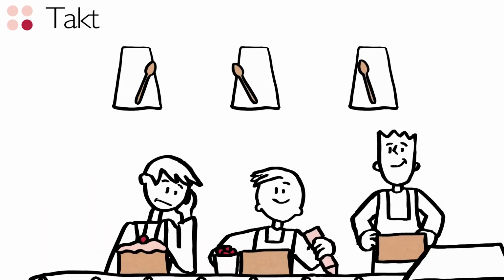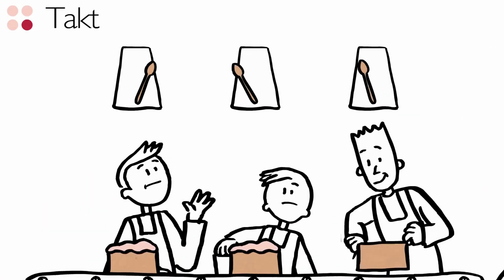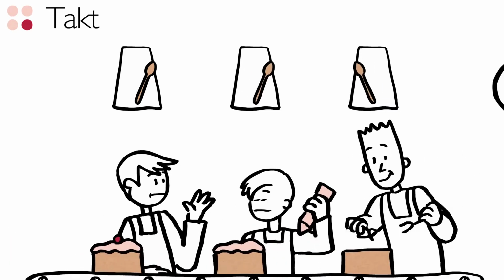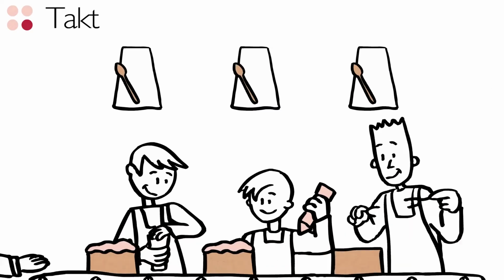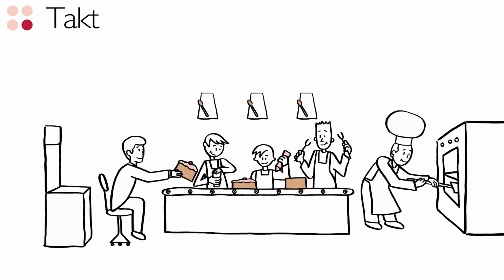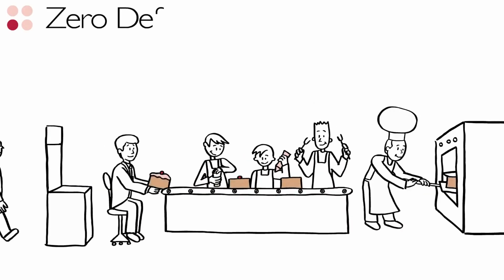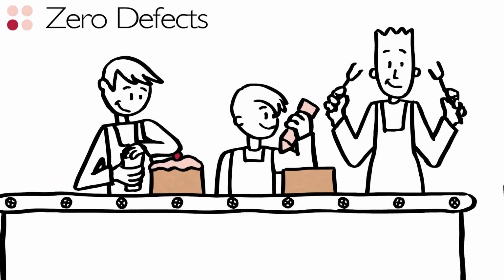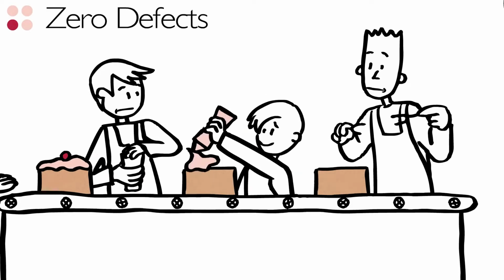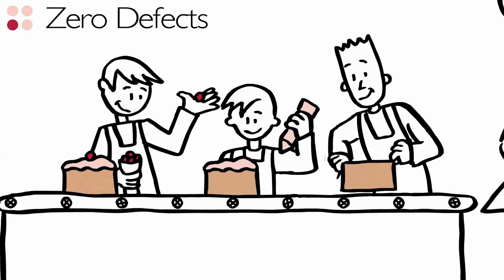The third is takt. It's the heartbeat of a lean system. It's how fast you need to manufacture a product to meet customer demand. Takt allows us to balance work content, achieve a continuous flow, and respond flexibly to changes in the marketplace. And the fourth is zero defects. Mistakes happen, but a lean company doesn't pass on defects. Mistakes from previous steps must be fixed before going on.